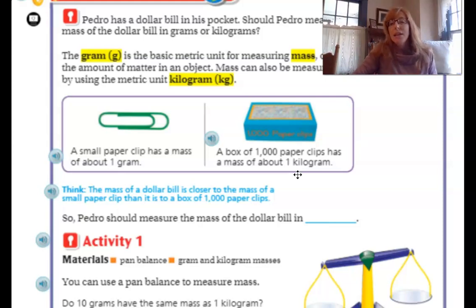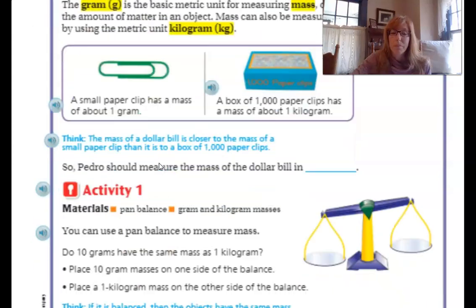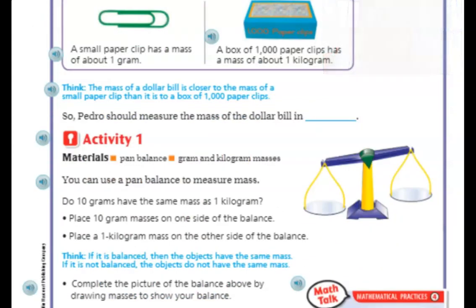So anytime, and this is another way, if you ever have to use a muscle to lift something, or like you really have to grasp it and lift, that's how you know you would measure it with a kilogram. But if it's something that is so light, like a paper clip where it takes nothing to hold it up, that's when you know it's very light and you're using 1 gram. Okay, so we're going to keep on going.